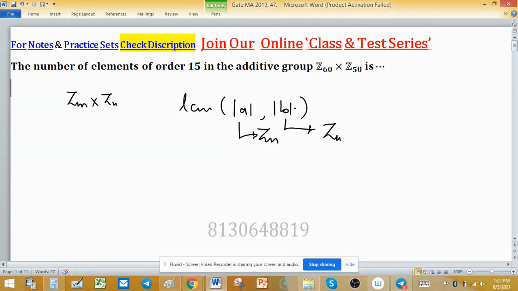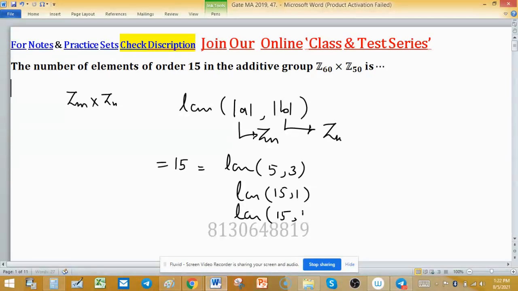So actually we are seeking those elements whose orders give LCM 15. Whenever the orders of the elements are (5, 3), (15, 1), or (15, 5), the LCM can be 15. So these are the possibilities of orders of an element from which we can form 15 as an LCM.